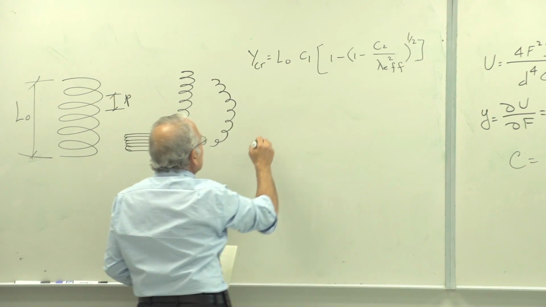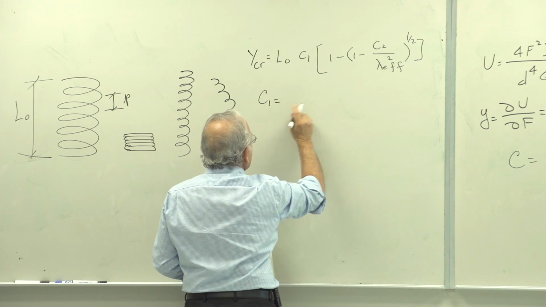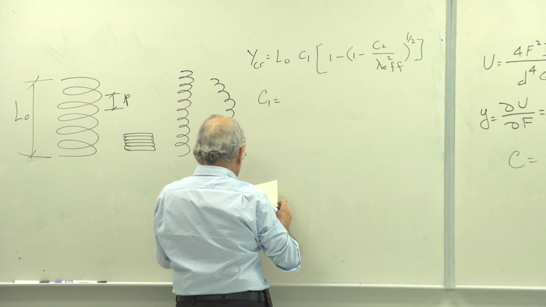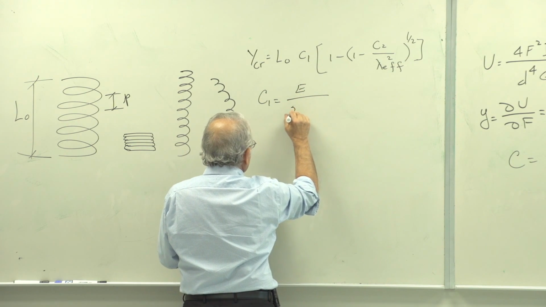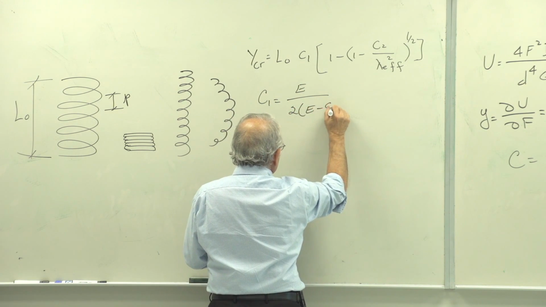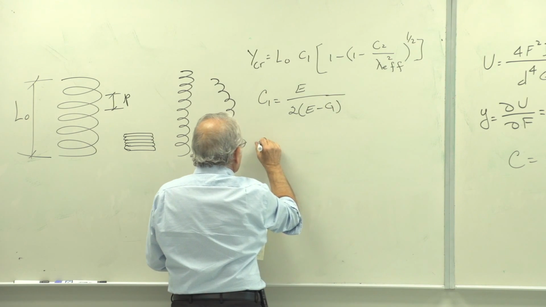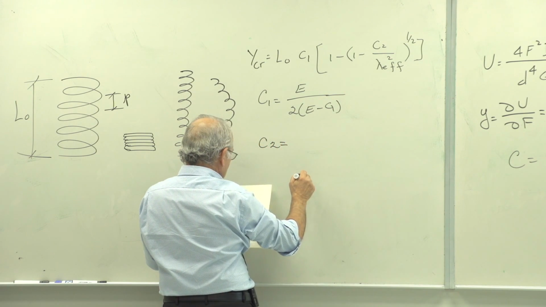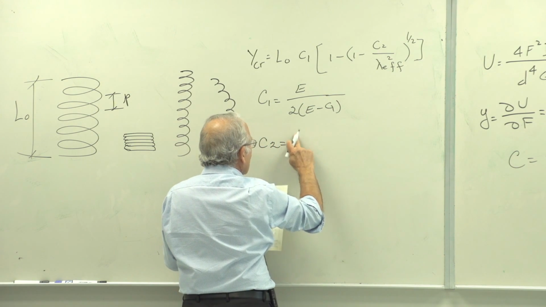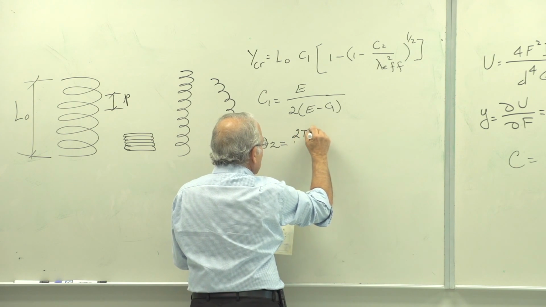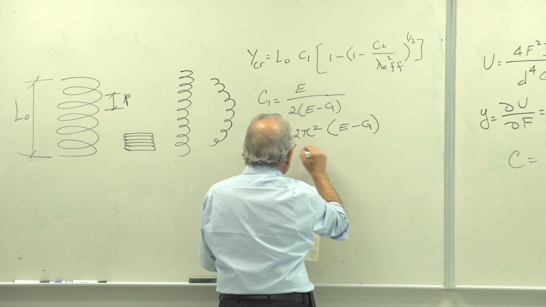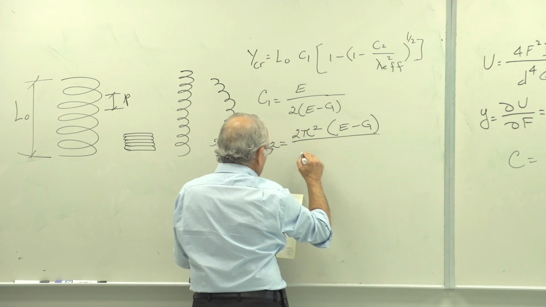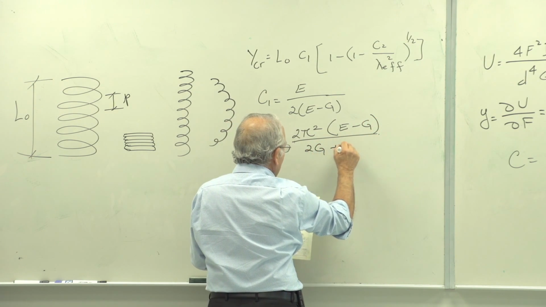In this equation, C1 and C2 are elastic constants defined in this manner. C1 is equal to E divided by 2 times (E minus G). C2 is equal to 2 pi squared times (E minus G) divided by (2G plus E).